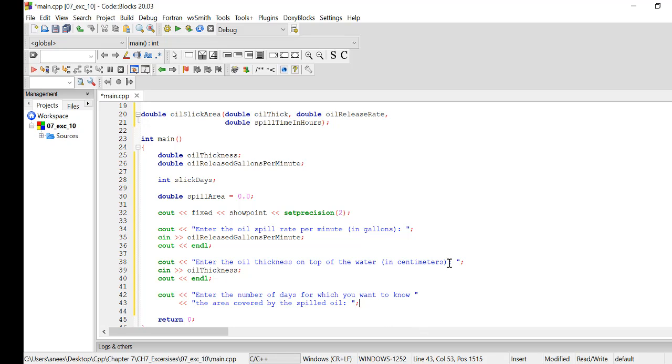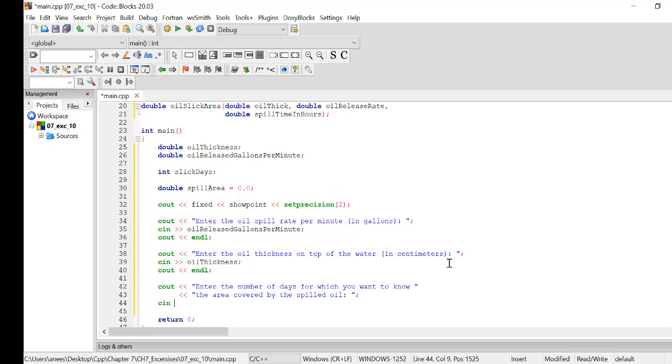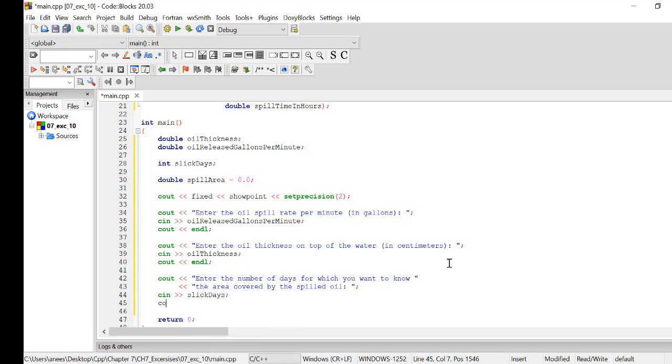And then you can write in semicolon, and then cin, just like it is, cout, endl.